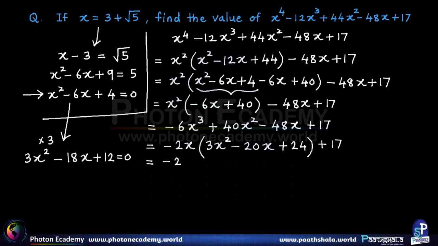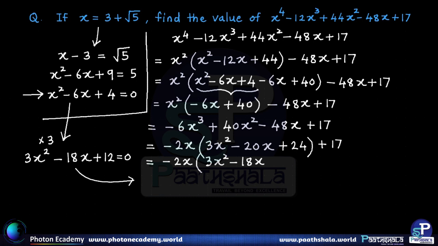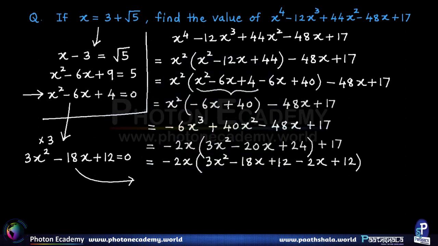That is minus 2x as it is. Here we have 3x square minus 18x, this is what we try to adjust, plus 12. Now we want minus 20, but we have written minus 18, so we must further subtract 2x and we must add 12 to achieve 24, and outside plus 70.